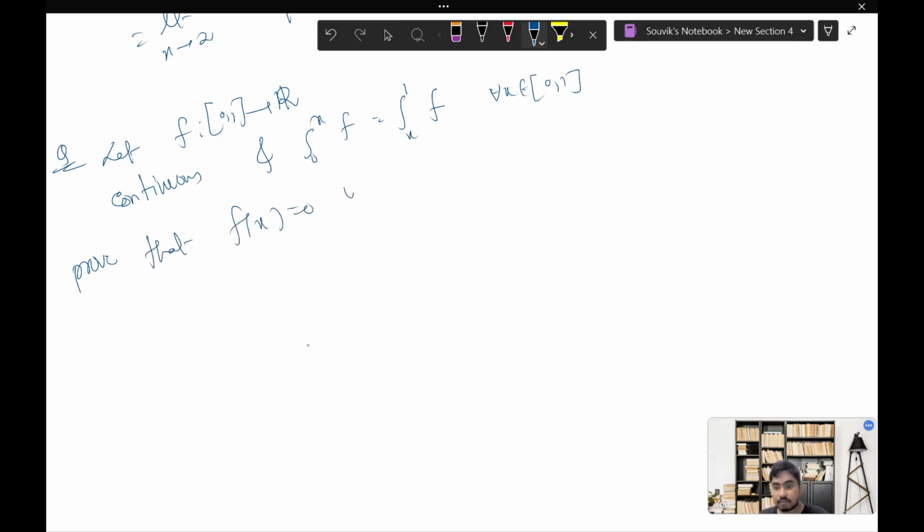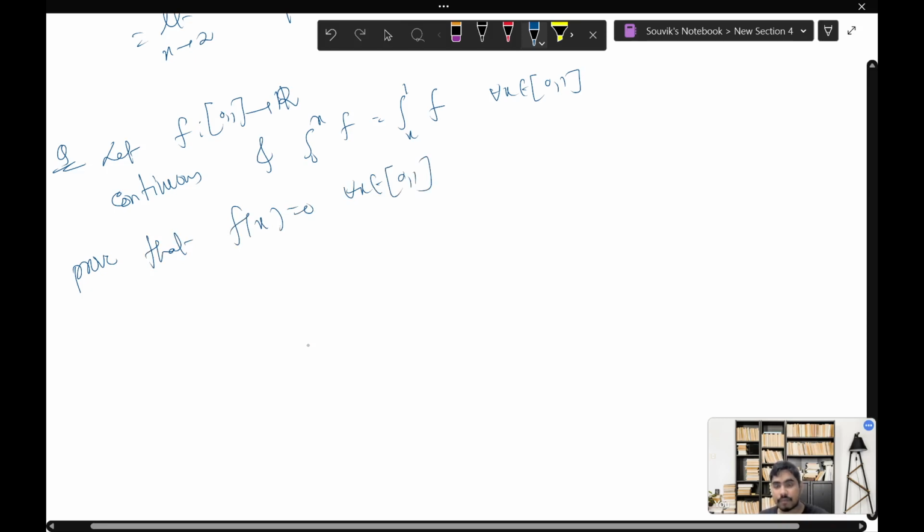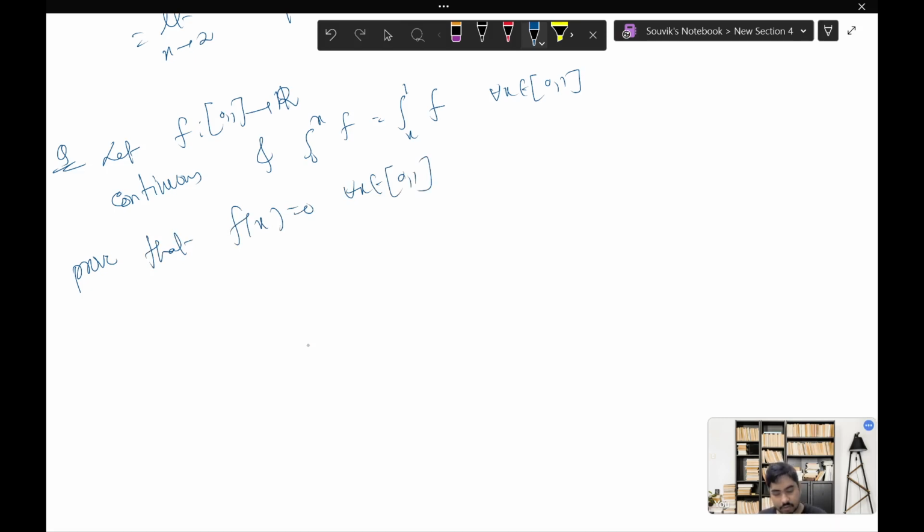Prove that f(x) equals 0 for all x. So here also, as before, we need to use the same trick and differentiate on both sides.